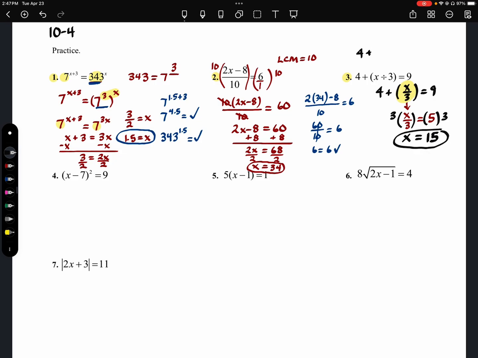And if we plug it in up here, 4 plus 15 divided by 3 should equal 9. That gives us 4 plus 5 equals 9, and we know that's true. So there are the answers for numbers 1, 2, and 3. We got 1.5 for number 1, 34 for number 2, and 15 for number 3.